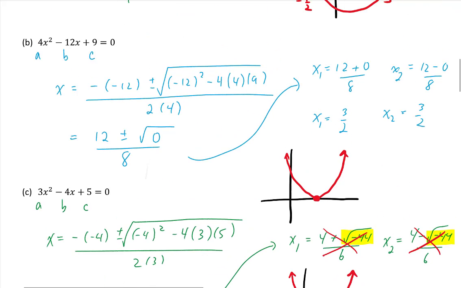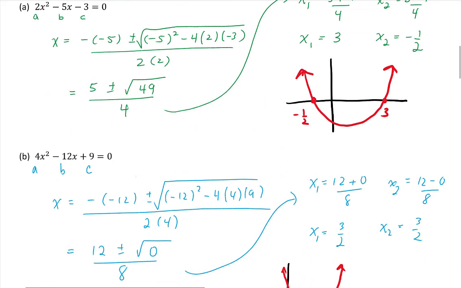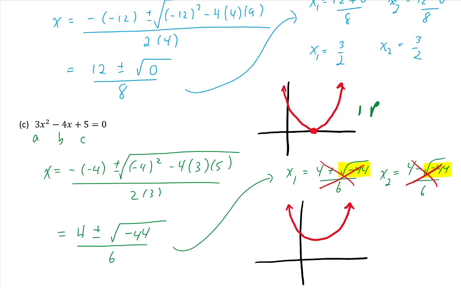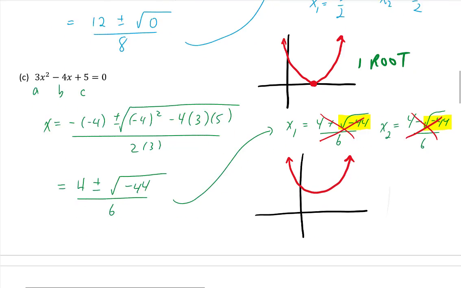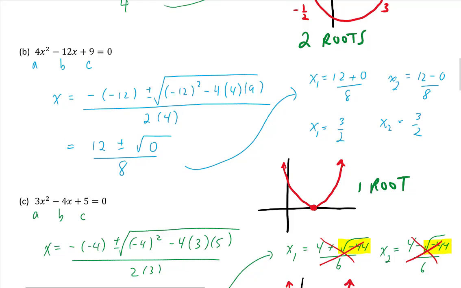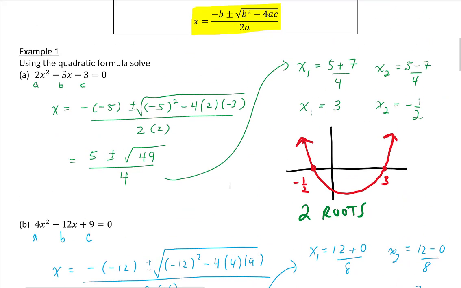So again, if we look at the three examples we just went through, our first example gives us two solutions, or two roots. Our second example gave us one root, or a double root. And our last one gave us 0 real roots. And there's a quick way to determine whether you have 0, 1, or 2. If you look at the square root for each of these examples, they tell you something.